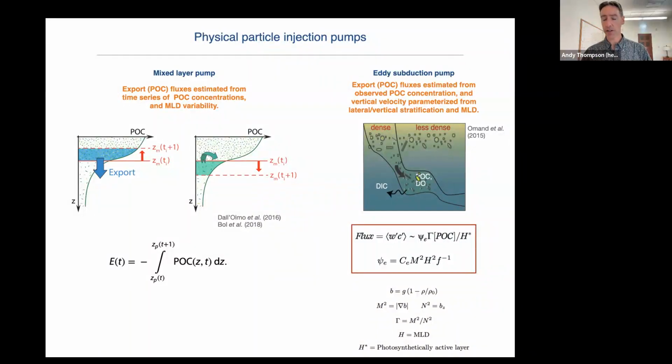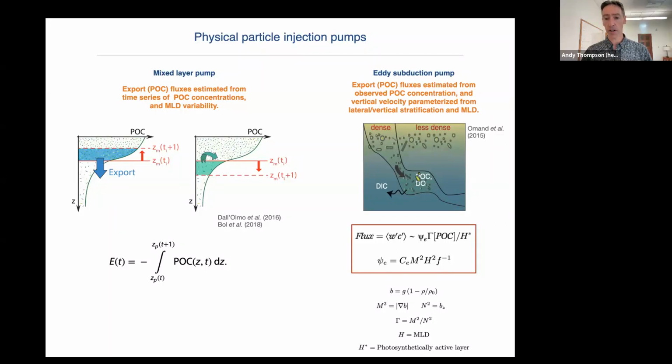The relationship I show in the red box here is one parameterization for how one represents these vertical fluxes. It can be estimated if you have information about upper ocean POC concentrations and information about both the horizontal and the vertical stratification. Down below, I'm introducing buoyancy, which is proportional to density.